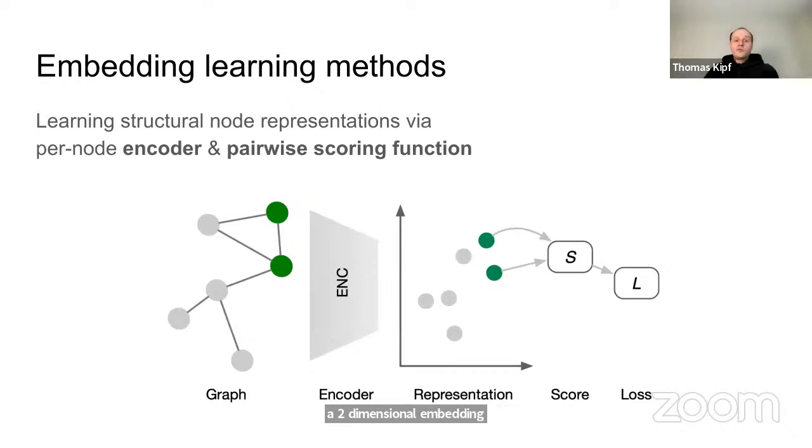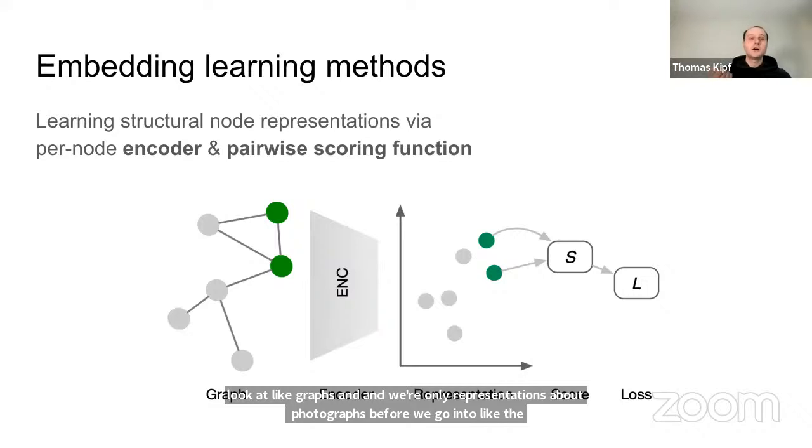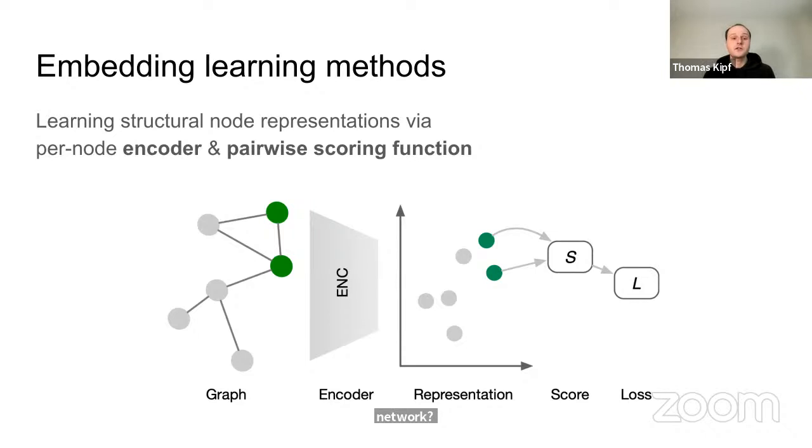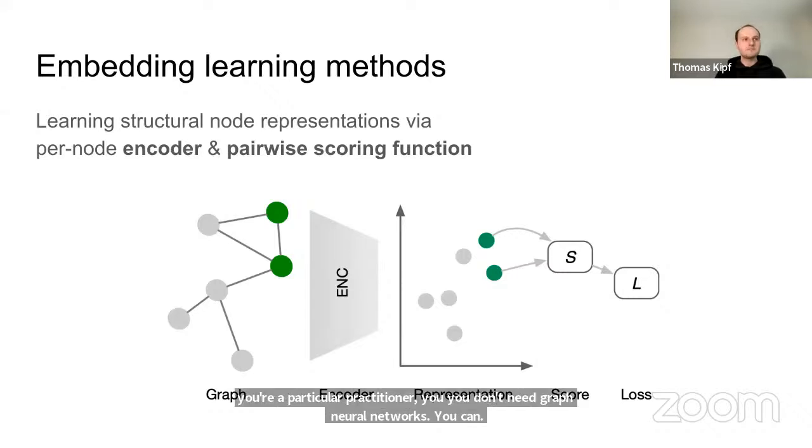Now, before we go to graph neural networks, I want to revise some important concepts around embedding learning methods, because it's really important to understand where we're coming from when we look at learning representations about graphs, before we go into the benefits of why we even need a graph neural network. Because for a lot of problems on graphs, if you're a practitioner, you don't need graph neural networks. You can just use simple graph learning or graph embedding methods.